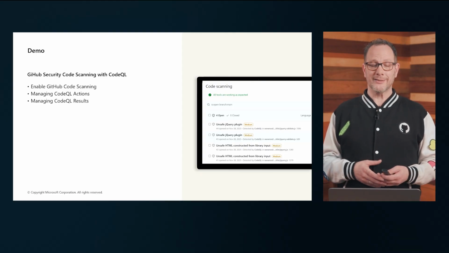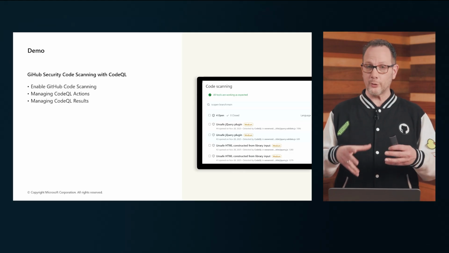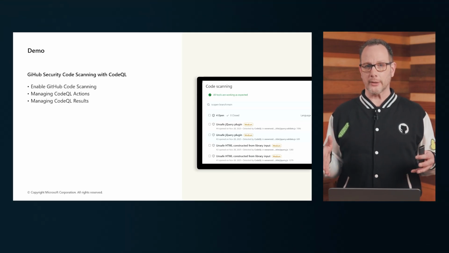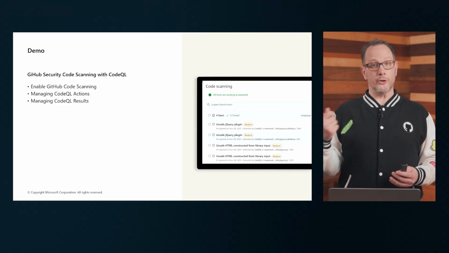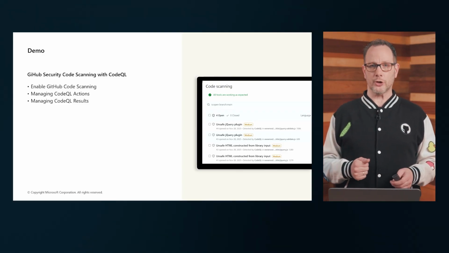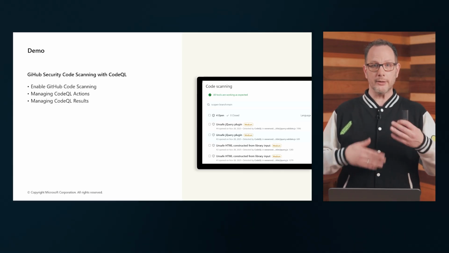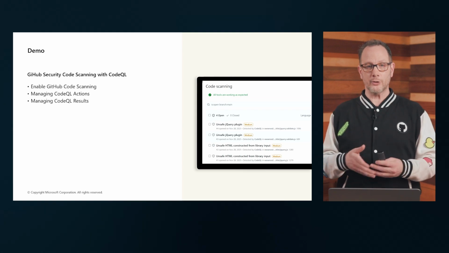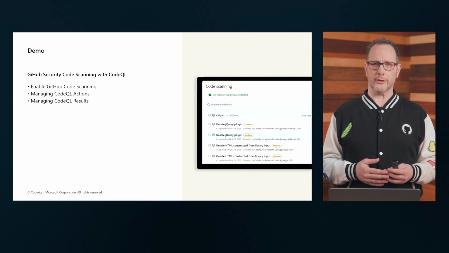So with that, I think it's time for another demo, in which I'll walk you through how GitHub code scanning works end-to-end. I'm going to start by enabling CodeQL on a repository so you can see how simple it is to get started. And then I'll show you how CodeQL actions behave in the detection of issues, annotating your code, and then helping guide you through that remediation process.